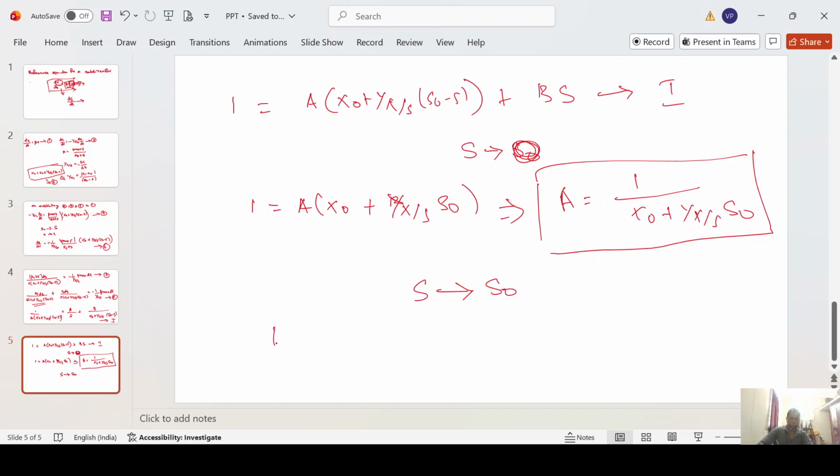Then 1 is equal to 1 by x naught plus yx by s of s naught into x naught plus yx by s of s naught minus s naught. So this whole term is going to be cancelled.